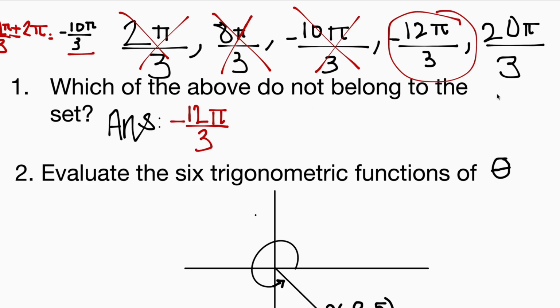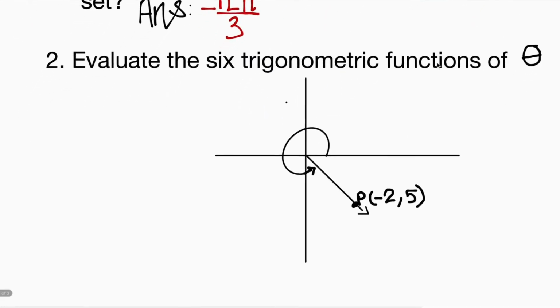But just in case, we should look at 20 pi over 3. 2 pi over 3 plus 2 pi gives us 8 pi over 3, plus another 6 pi over 3 gives us 14 pi over 3, plus another 6 pi over 3 gives us 20 pi over 3.